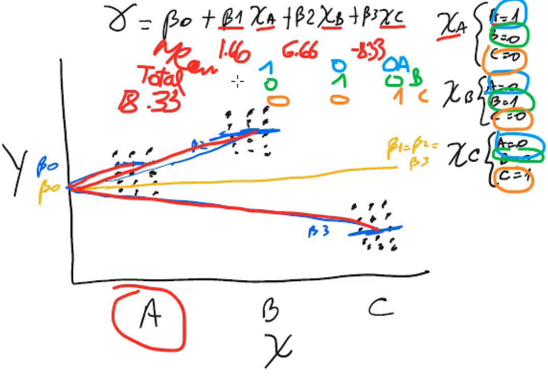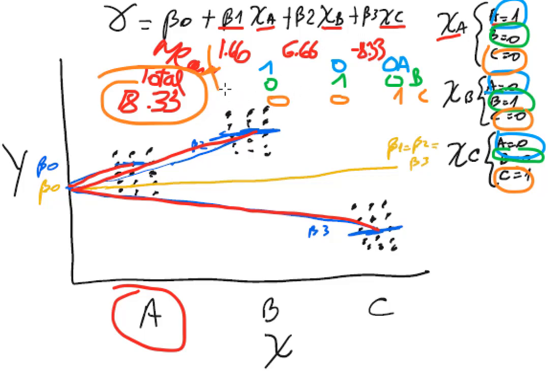So if we do here, in the three cases, it will be 18.33 plus the rest of the equation. So in the case of A, it will be 1.66 times 1, and then the rest will cancel because you multiply by 0.